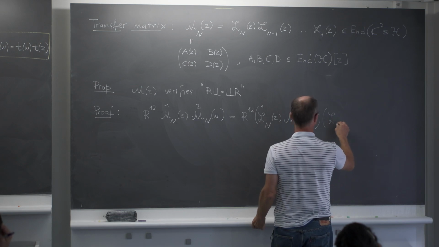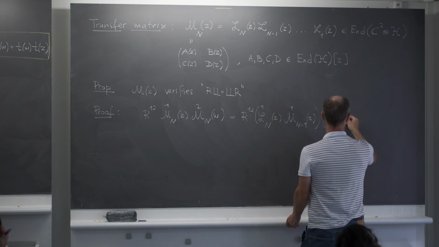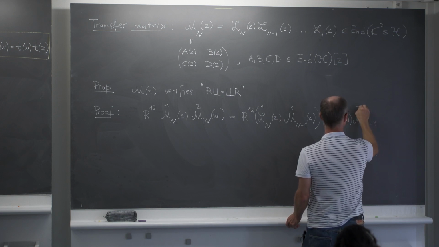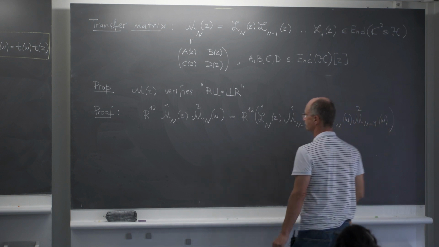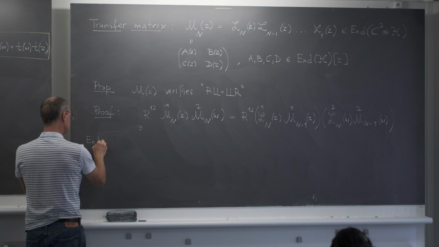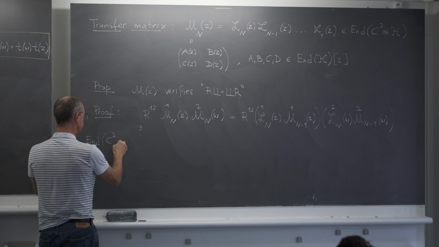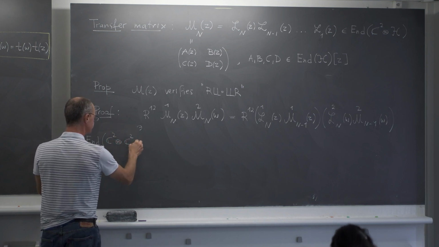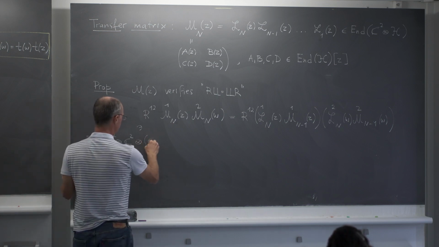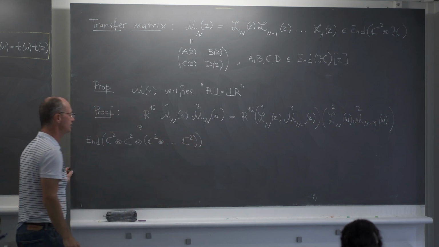And here we have W. Now recall that this identity takes values in the endomorphisms of C2 tens C2, that's auxiliary, tens H, and H is also a product of many, many C2s.